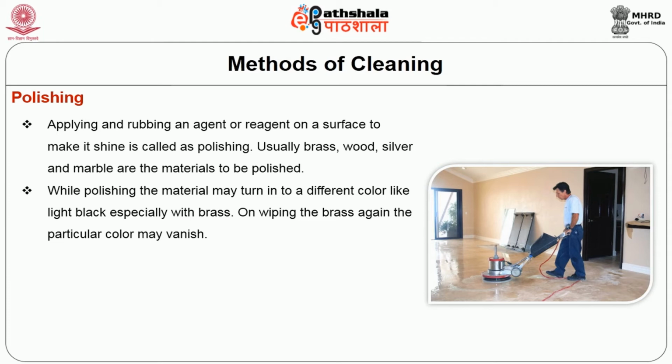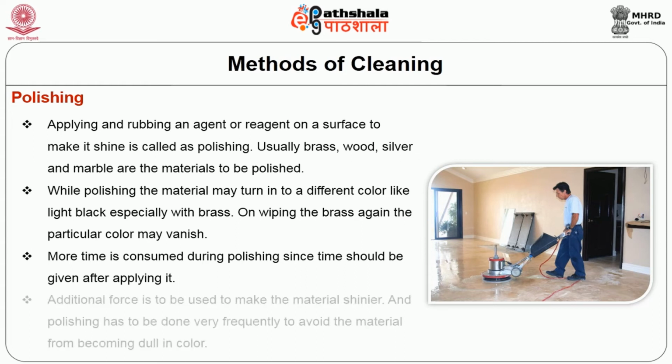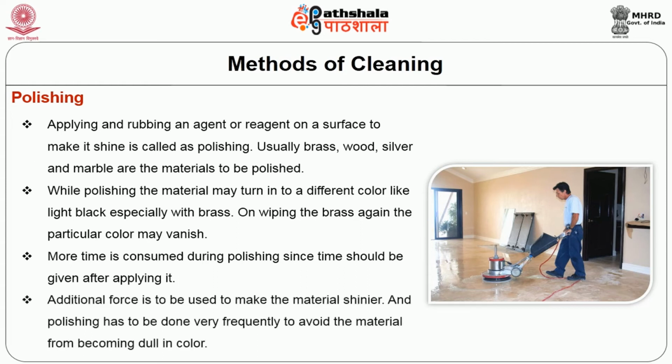On wiping the brass again, the color may vanish. More time is consumed during polishing, since time should be allowed after applying it. Additional force has to be used to make the material shinier, and polishing has to be done very frequently to keep the material from becoming dull in color.